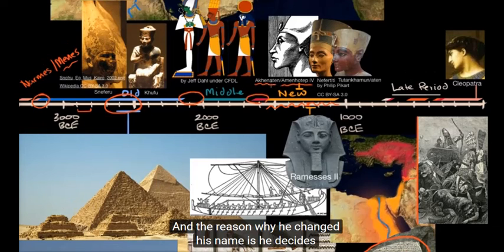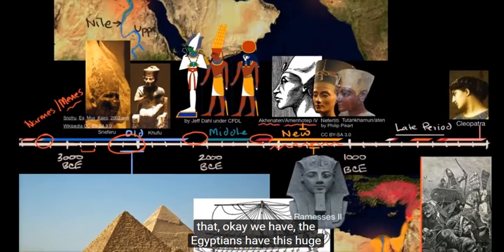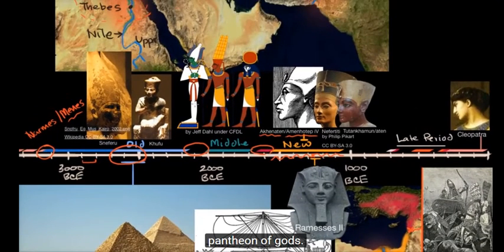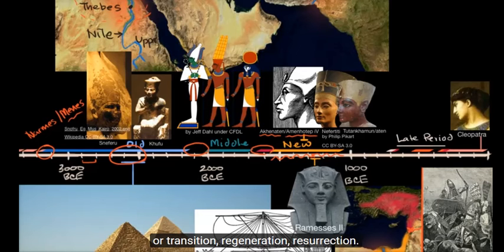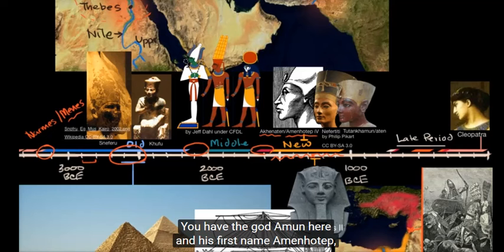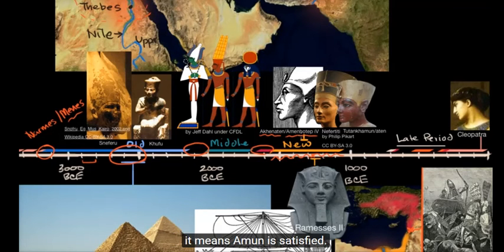And the reason why he changed his name is he decides that, okay, the Egyptians have this huge pantheon of gods. Here's just some of them right over here. This is the god Osiris, often associated with the afterlife or transition, regeneration, resurrection. You have the god Amun here, and his first name, Amenhotep, means Amun is satisfied.